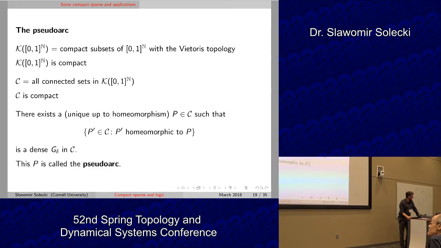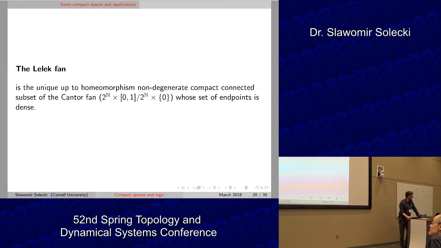So another relevant space is the Lebesgue fan. I will not say much about it. So this is unique. You look at the Cantor set times [0,1], and you glue together the bottom layer. I'm a tourist here, so I'm not a topologist, I'm probably over-explaining some things.